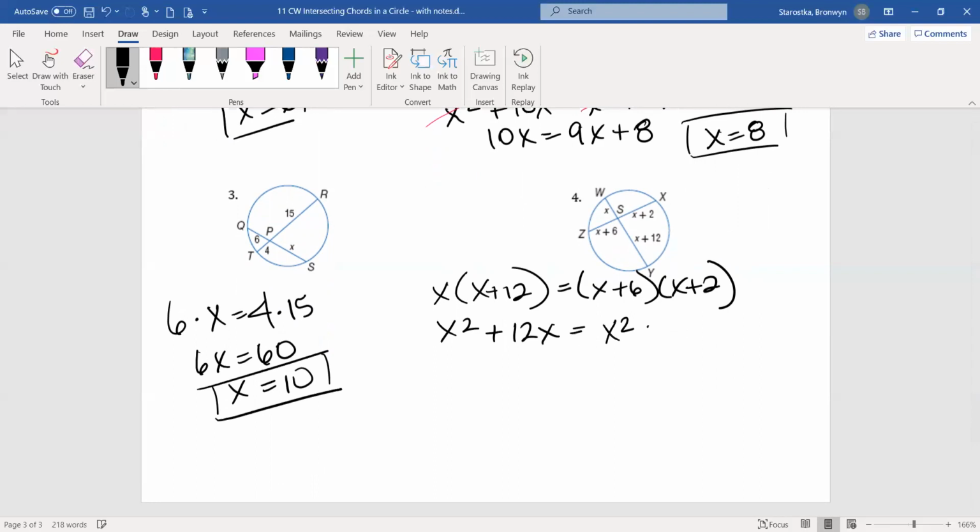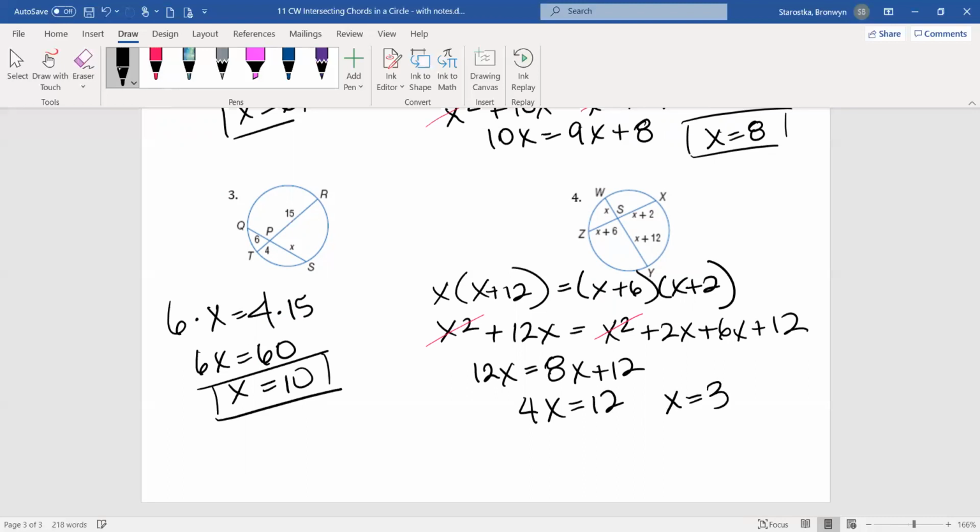X squared plus 2x plus 6x, 6 times 2 plus 12. Again, lucky ducks we are. The x squareds cancel out. We have 12x equals 8x plus 12. Subtracting 8x from both sides, 4x equals 12, x equals 3.